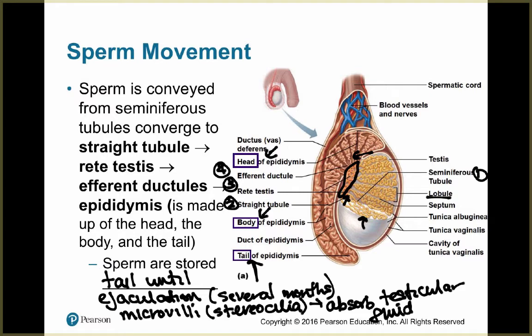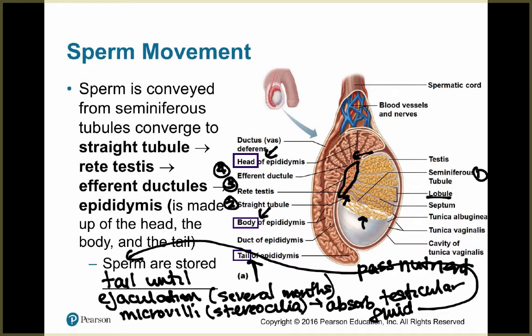From there, they will pass the nutrients from that to the sperm. And so the sperm will enter non-motile, and they will pass slowly through this. It takes about 20 days. And they'll go from non-motile to being able to move.